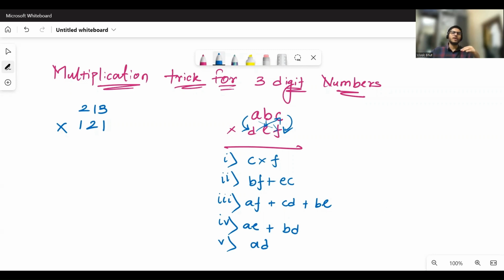So in this way, your multiplication of three-digit numbers is divided. You must be feeling that this is going to be very long. No, just believe me, it is going to be very short once you get the trick of it. I remember these steps with an easy technique: it's like 2, 4, 6, 4, 2.